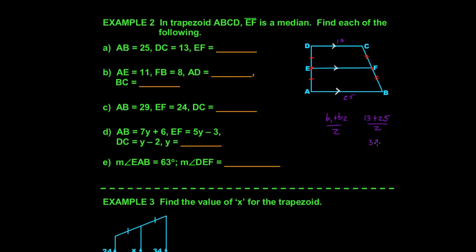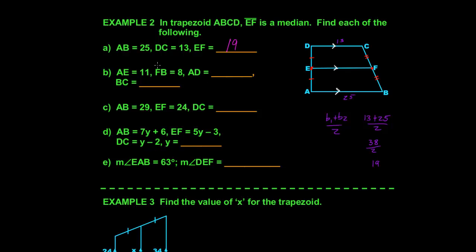We have 38 divided by 2. So what does that give us in the end? Well, 38 divided by 2 would give us 19. So our answer to this would be 19. Go up here and write it in. 19.